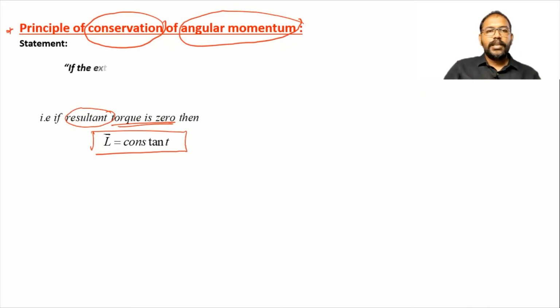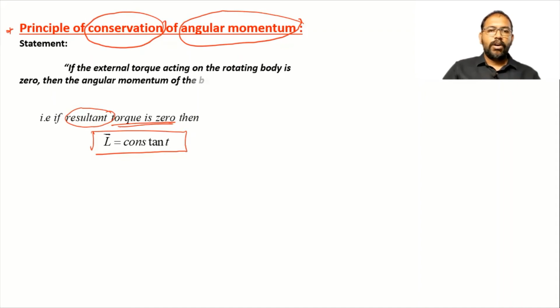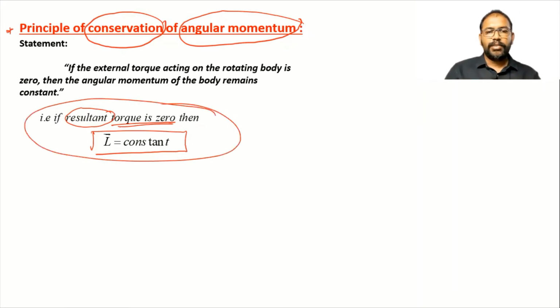So we can write the statement: if the external torque acting on the rotating body is 0, then the angular momentum of the body remains constant. If you remember that much, then definitely you're able to write the statement of the conservation of angular momentum.